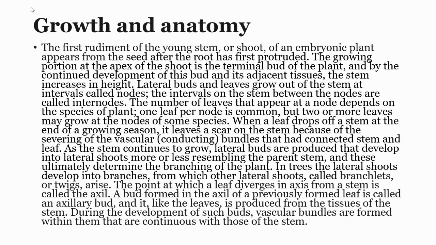The intervals of the stem between the nodes are the internodes. The number of leaves that appear at a node depends on the species of plant. One leaf per node is common, but two or more leaves may grow at the node of some species. When a leaf drops off a stem at the end of a growing season, it leaves a scar on the stem because of the severing of the vascular bundle that had conducted fluids between stem and leaf.